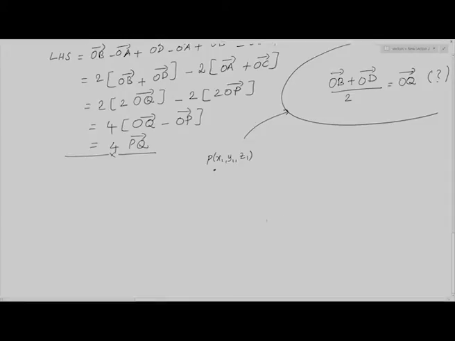Similarly, I have another point Q, x2, y2, z2 in space, and we have the origin, therefore, we know the position vector OP and OQ. Let me call OP as R1 vector and OQ as R2 vector. Now, I am connecting this line PQ.